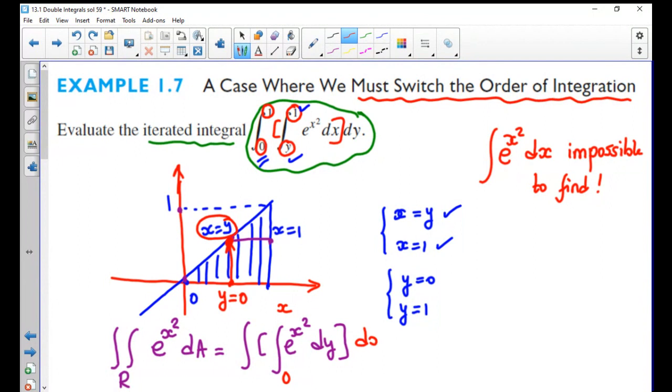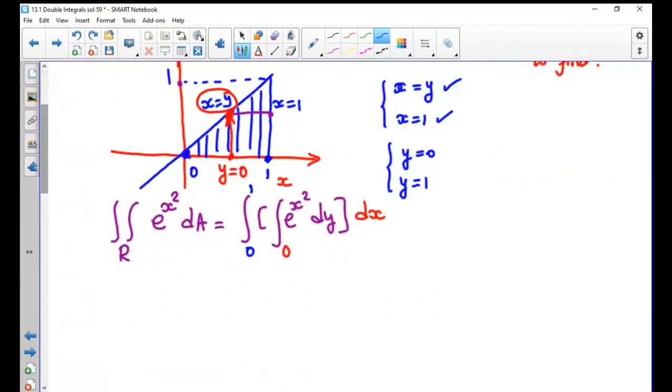And then the answer will be integrated with respect to x. So what are the values of x? From 0 to 1. Yes, from 0 to 1. So that is basically the way we do that.